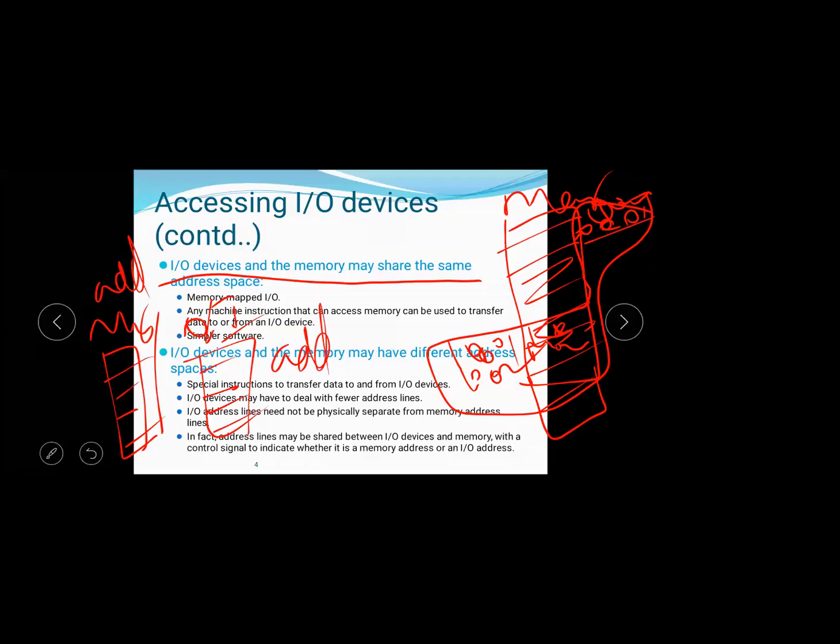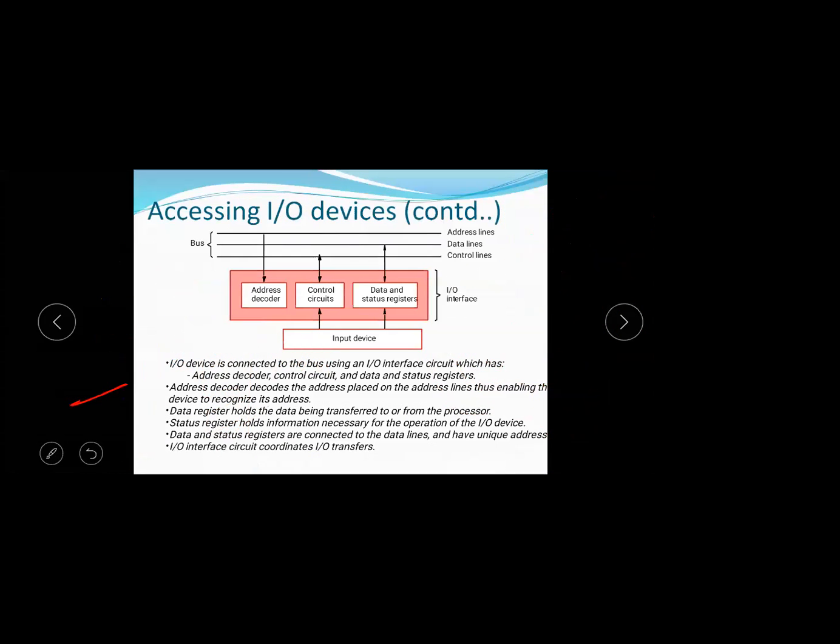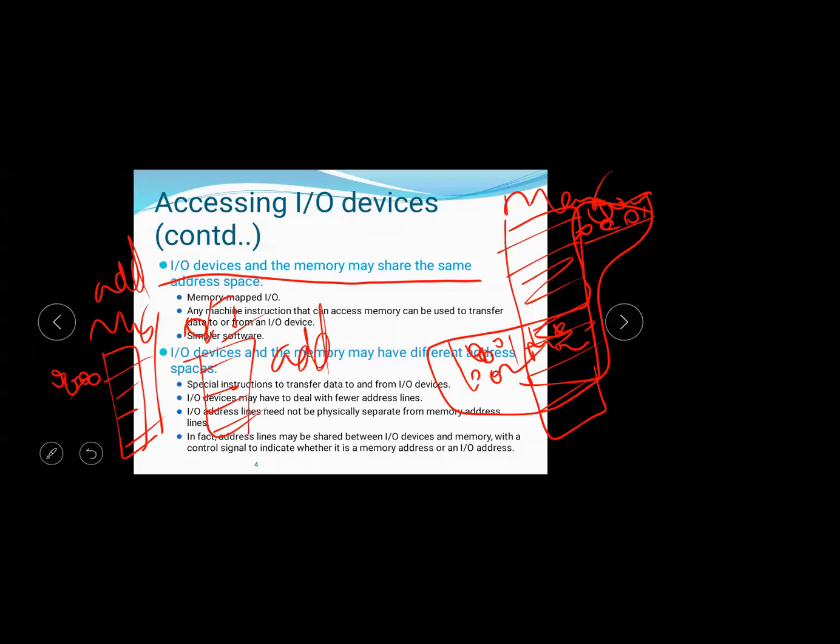Here the 0000 is the starting memory location, and the same address may be given to one IO device. Similarly, 10001 may be given to another data register, because both are different address spaces.